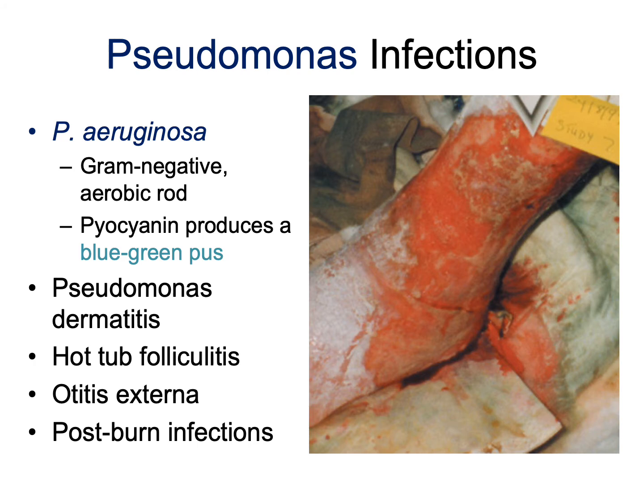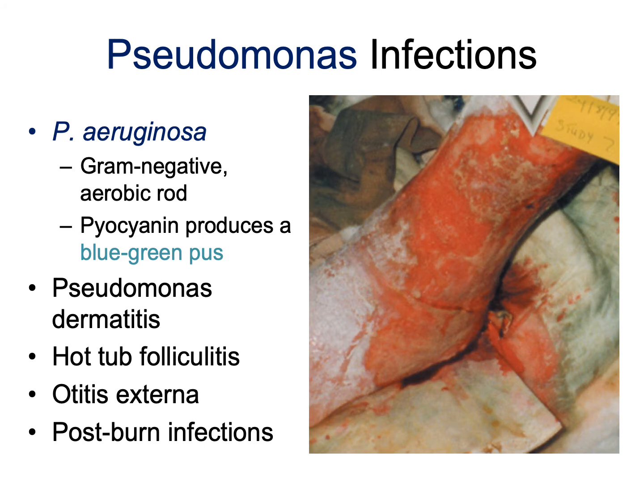Post-burn infections are very serious infections that can be caused by Pseudomonas aeruginosa. Burn patients are very susceptible to infections, and this can cause a very serious infection within the burns, and it can often cause a fatal infection.